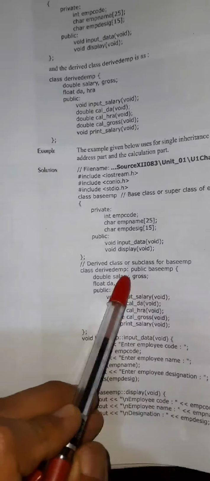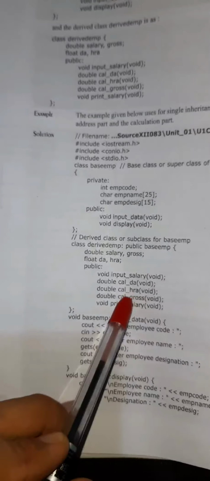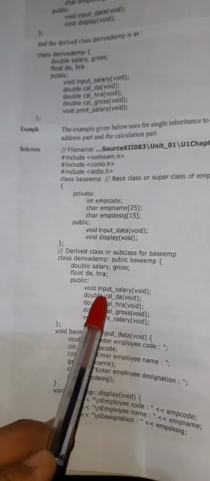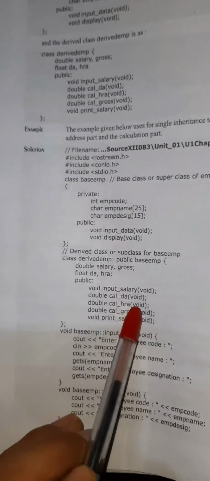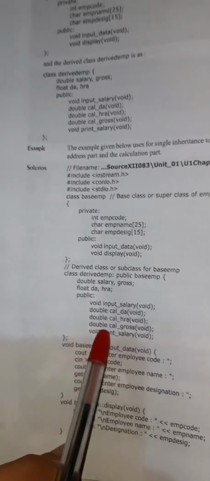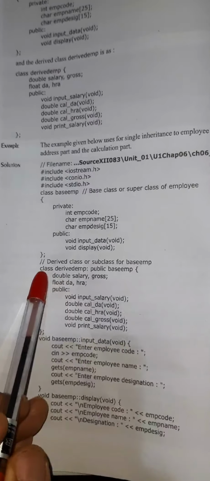These data members will be executed by these public member functions: void input salary, double calculate da, double calculate hra, double calculate gross, and void print salary. These are the member functions of the derived class.